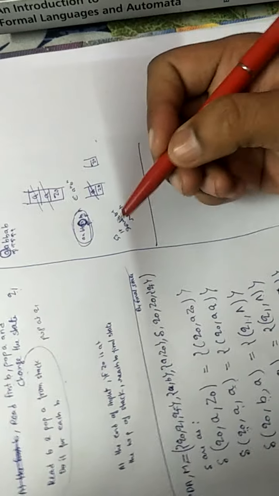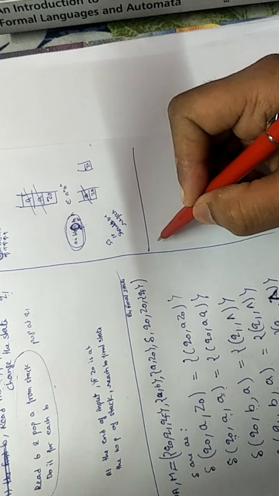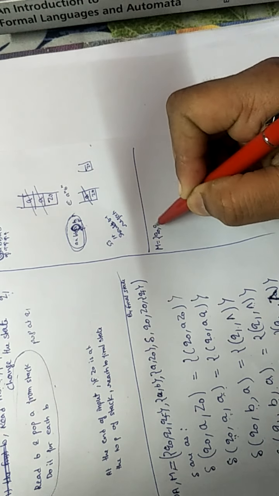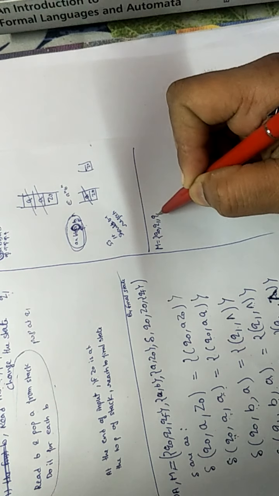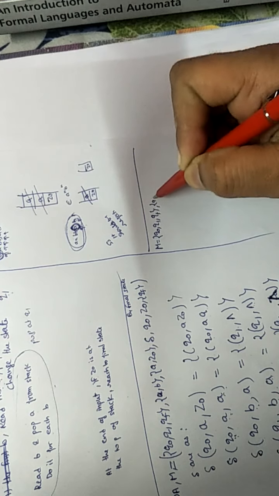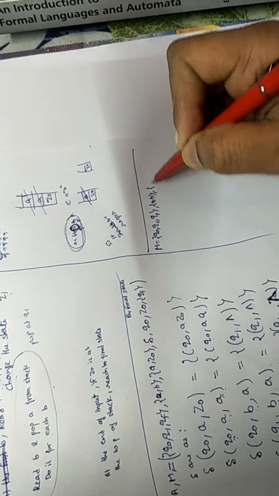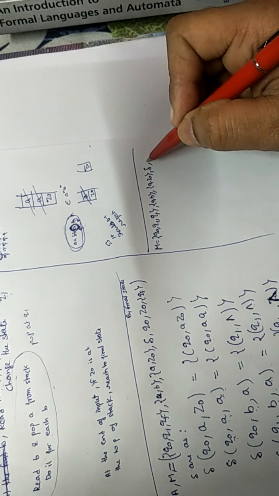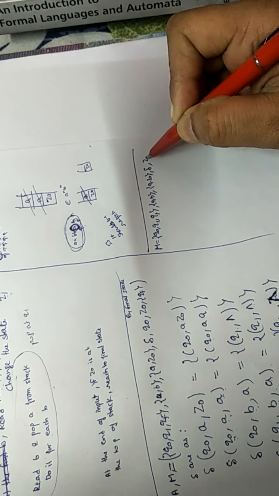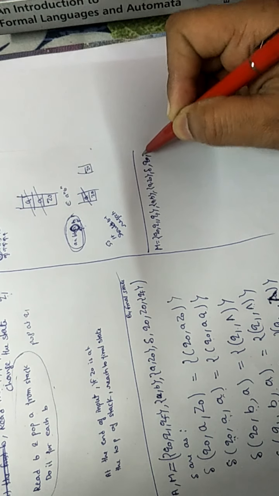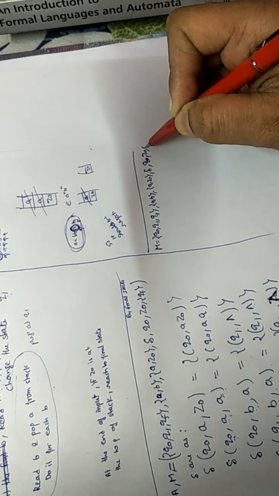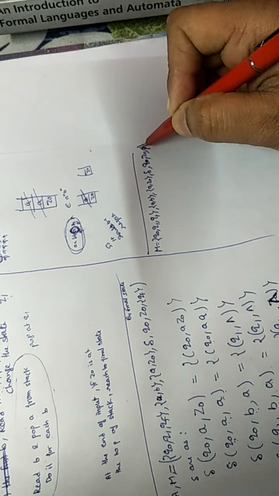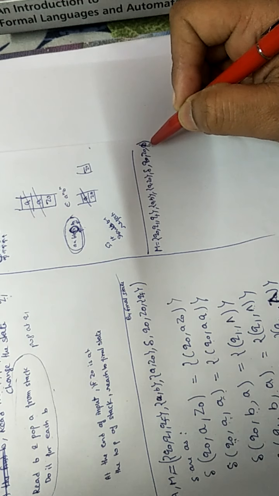If you are designing it by empty stack, then M = ({Q0, Q1, QF}, {a, b}, {A, Z0}, transitions, Q0, Z0, phi). Q0 is the start state, Z0 is the stack initial symbol, and we will mention phi here because phi represents acceptance by empty stack.